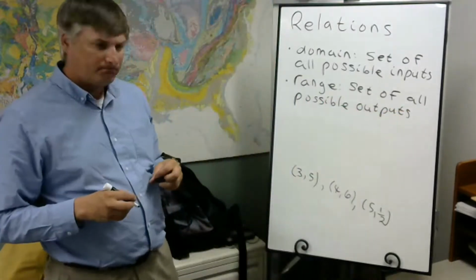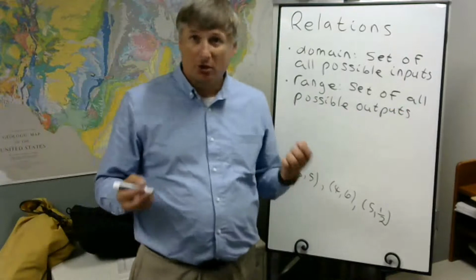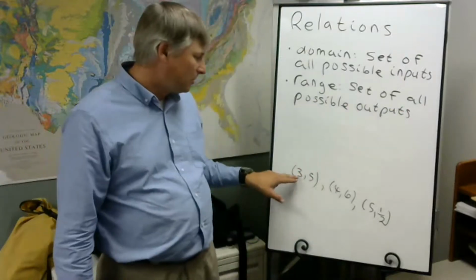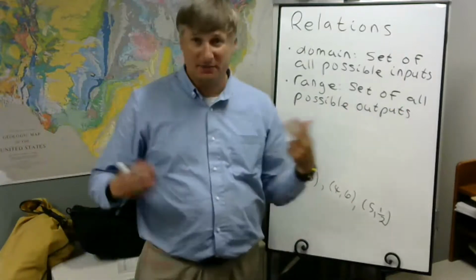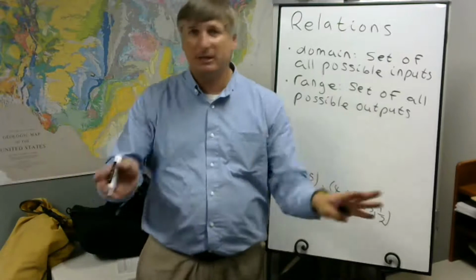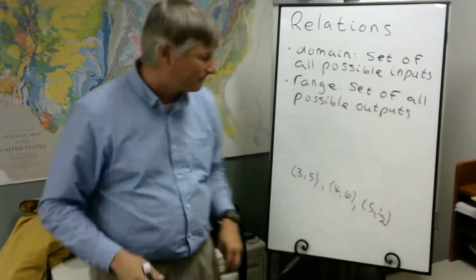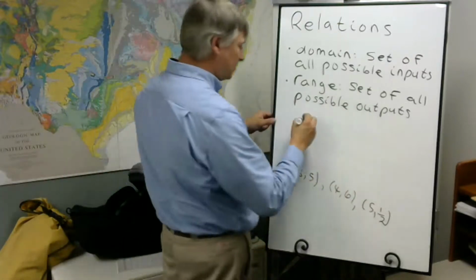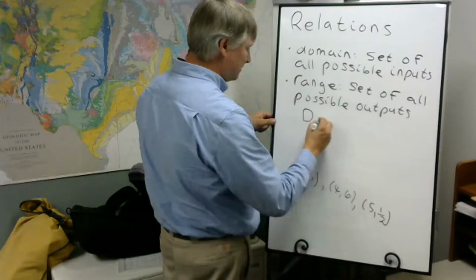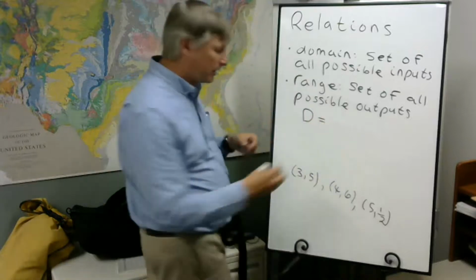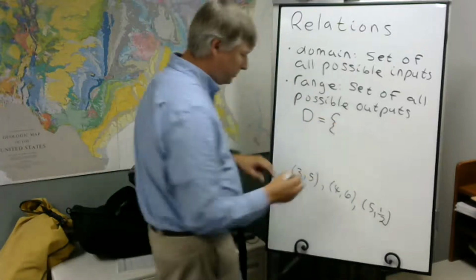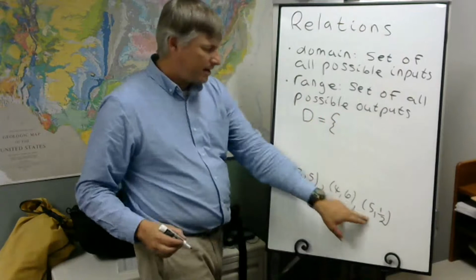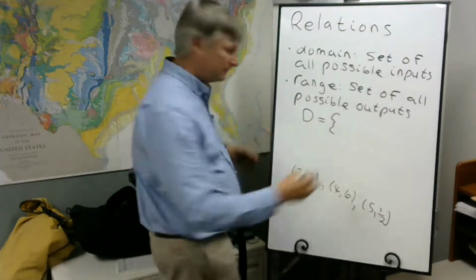So let's suppose that our relation R can only take 3, 4, and 5 as inputs, and that's it. You can't put in any other numbers. Then the domain for our relation R would just be the 3 possible inputs we were allowed.